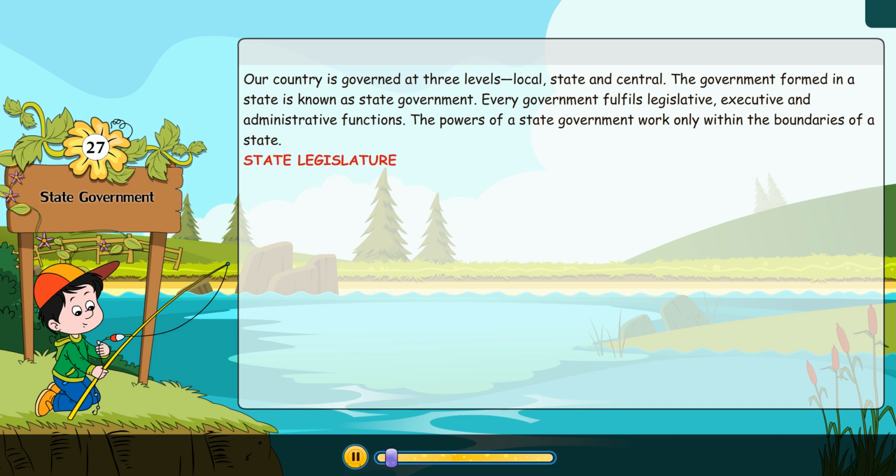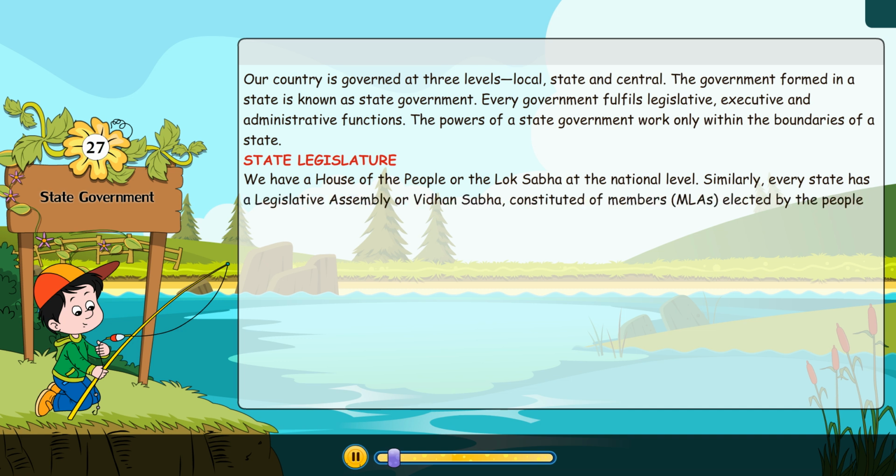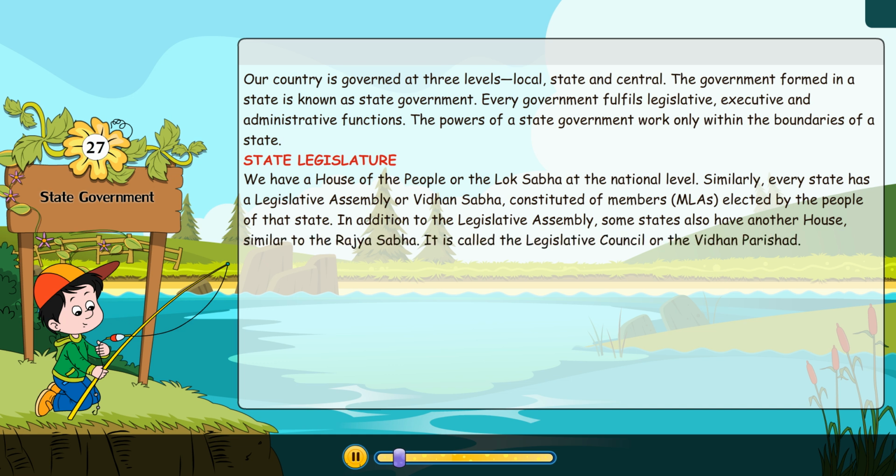State legislature. We have a House of the People, or the Lok Sabha, at the national level. Similarly, every state has a Legislative Assembly, or Vidhan Sabha, constituted of members or MLAs elected by the people of that state. In addition to the Legislative Assembly, some states also have another house similar to the Rajya Sabha.